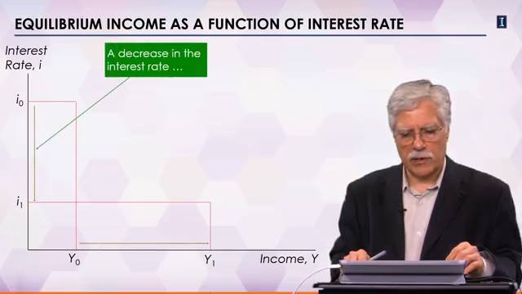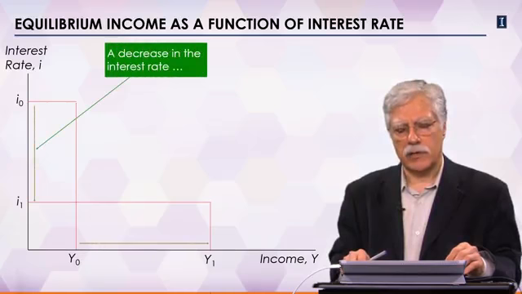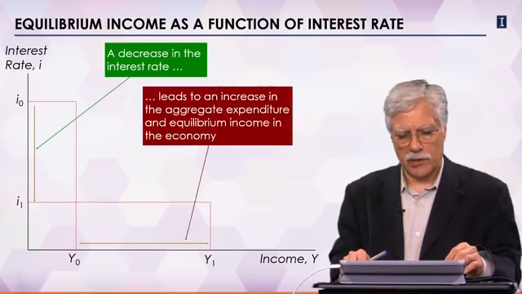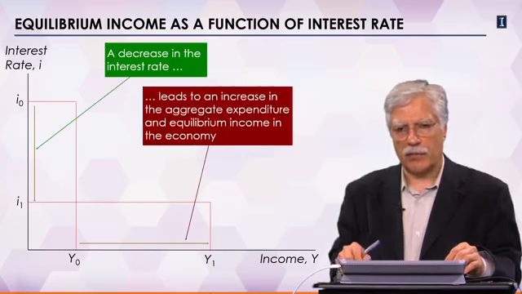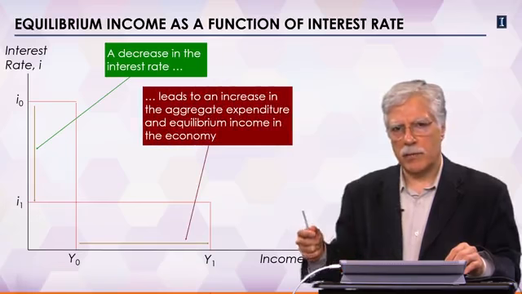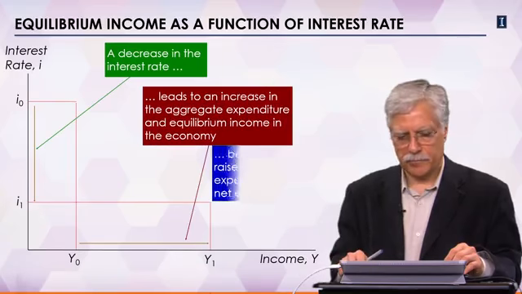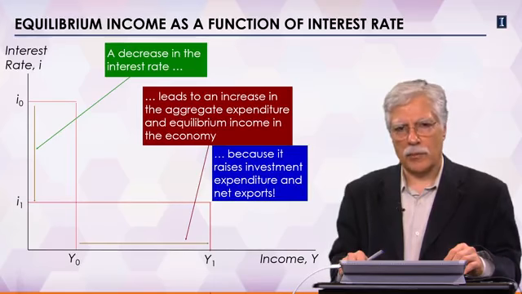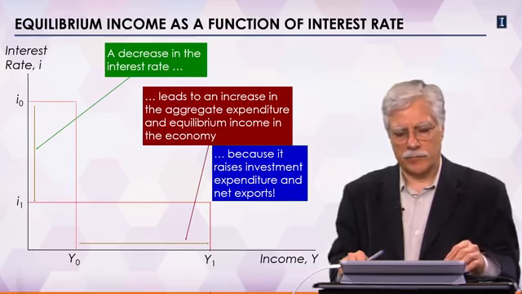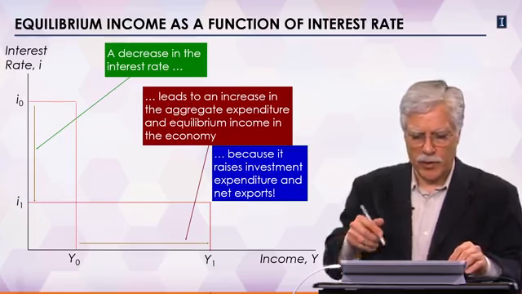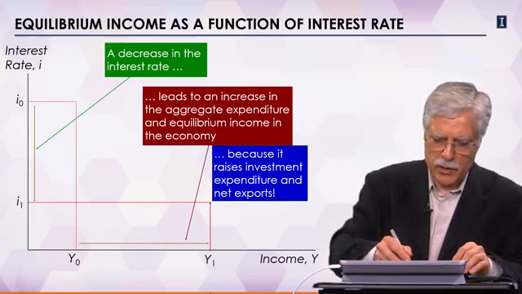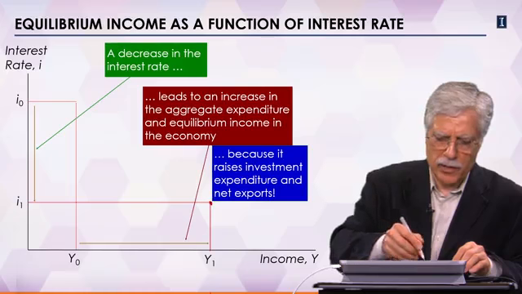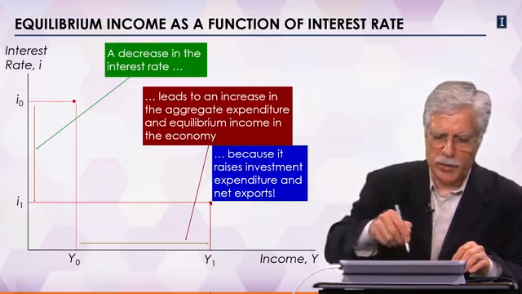So a decrease in the interest rate increases income. And the effect, remember, is through investment and net exports. And vice versa. As interest rate goes up, real income goes down. And we can trace the points that represent the combination of interest rate and income here, and any other point in between.